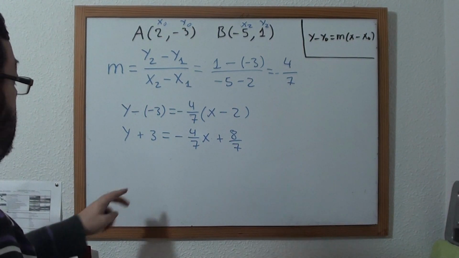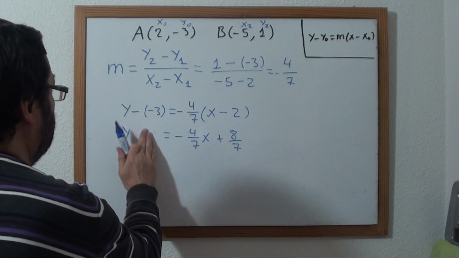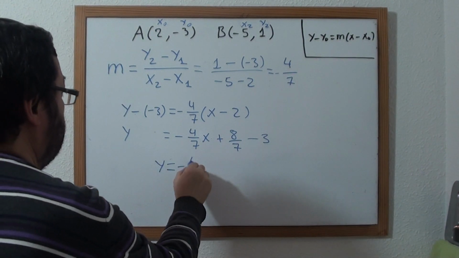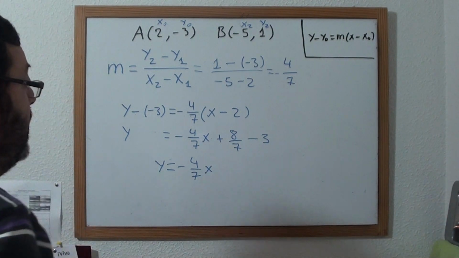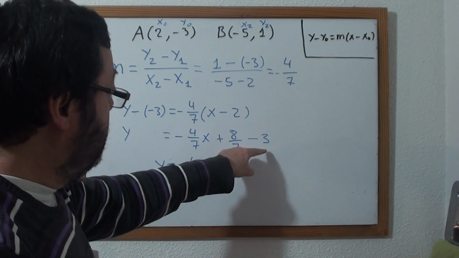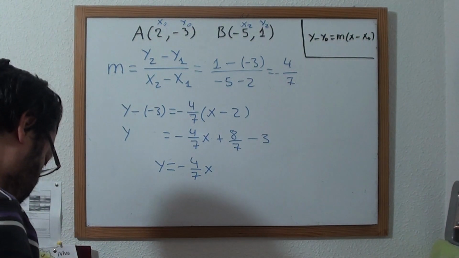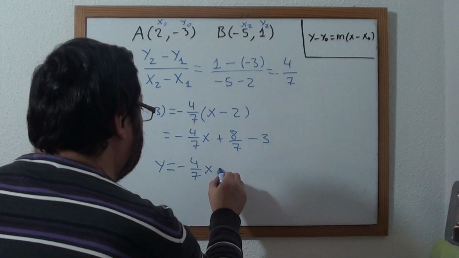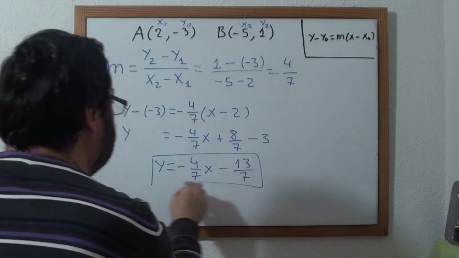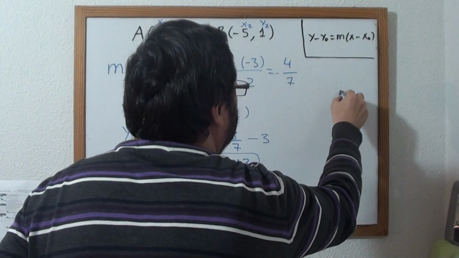Okay, and now I just move this plus 3 to the other side, minus 3, and then I get minus 4/7 of x, and here I'm going to add these 2 fractions, least common multiple 7. 7 divided by 1 is 7 times 3 is 21, so 8 minus 21, that's going to be minus 13, negative 13/7. This is the equation of the line going through these 2 points.